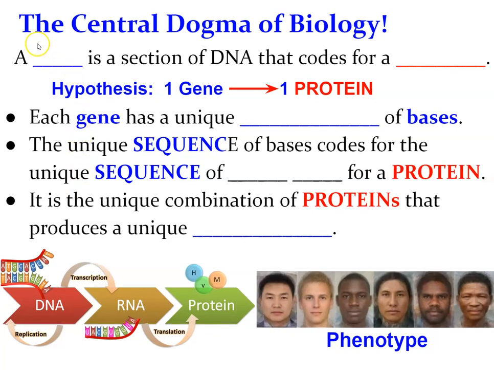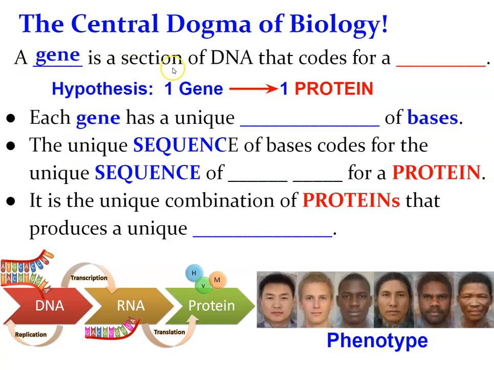So to run through that again, a gene is a section of DNA that codes for a protein. It's a sequence of DNA. You could also say it's a sequence of DNA that codes for a protein, and that would actually be a better way to say it. This is known as the one gene, one protein hypothesis, which is generally how it works. There's a little more to it than that, but for our purposes, that works great. One gene codes for one protein.